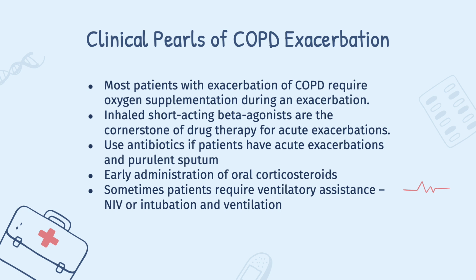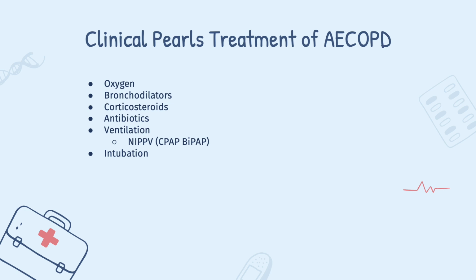Get those corticosteroids in early, and then consider the ventilatory assistance. So hopefully we can get away with BiPAP or CPAP, but they may need intubation and ventilation. Our clinical pearls: oxygen, bronchodilators, corticosteroids, antibiotics, ventilation, intubation.